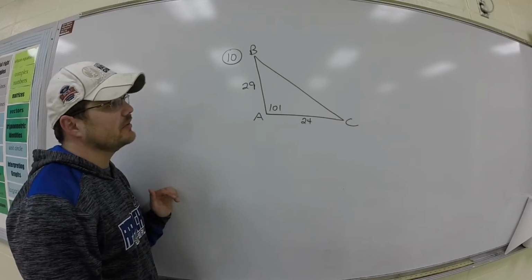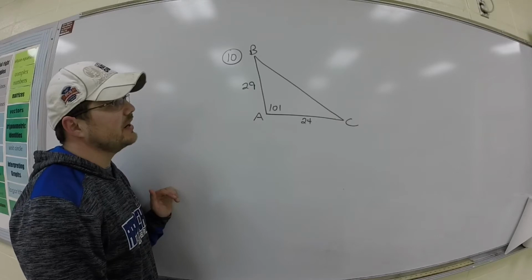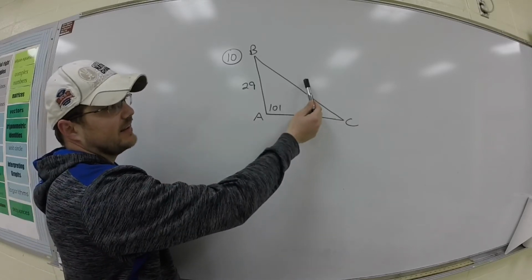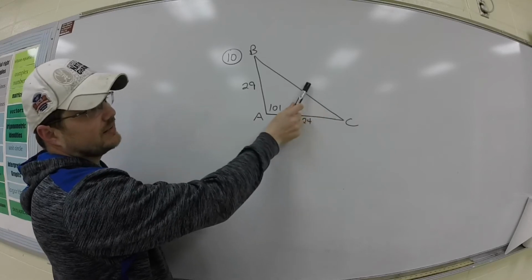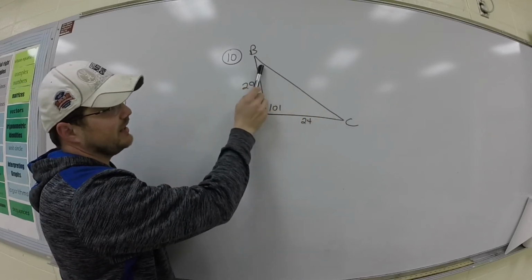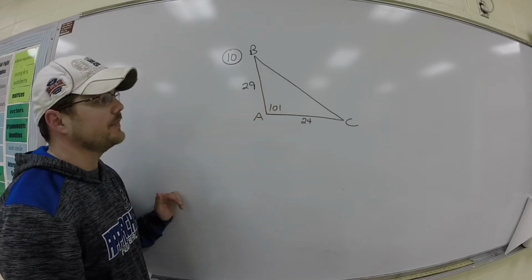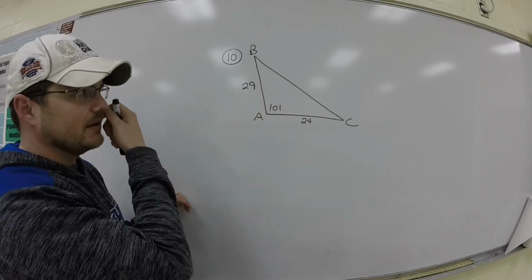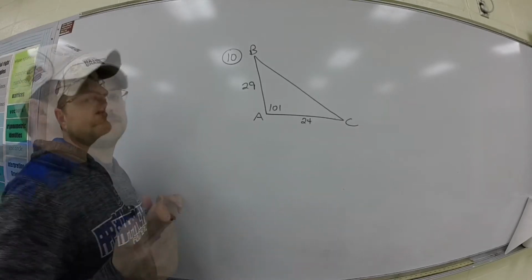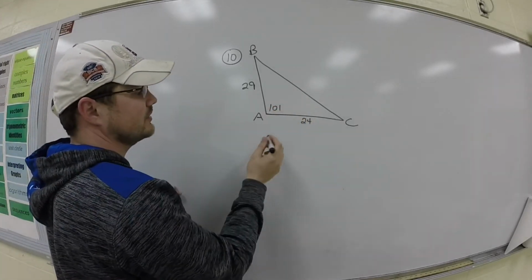But first, since we have angle A, let's find side A. Once we find side A, then I can do law of sines to find angle B and do sine inverse to find it. So this is a long problem. It takes a few steps, but I'll take you through each step. All right, so let's find side A first.